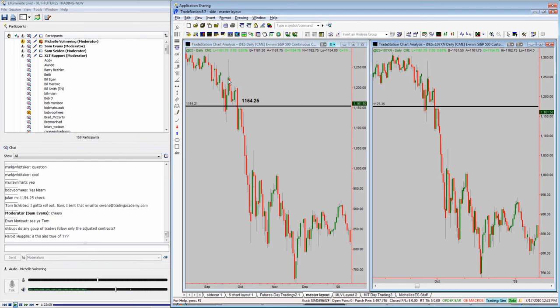All right. Now, Shibhup is asking, does any group of traders follow only the adjusted contracts? Well, the reality is that that's what got me into trouble, what I considered at that time to be an amateur trader. I can't tell you the number of times I'd go back in my trading log and find that every time the contract rollover would come into play, I would be using one contract's supply and demand zones because that had been a previous level, and then the new contract came out and I forgot about the old contract prices.